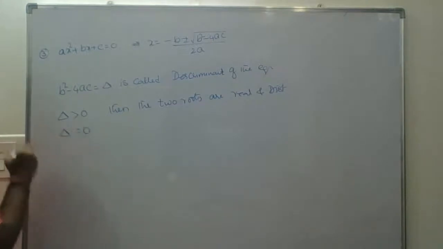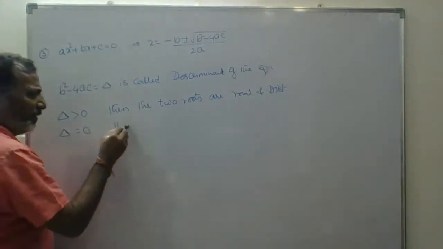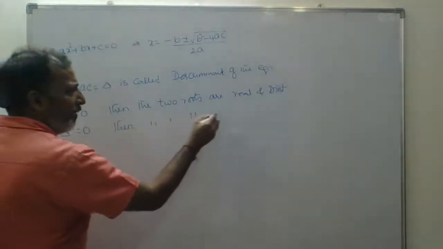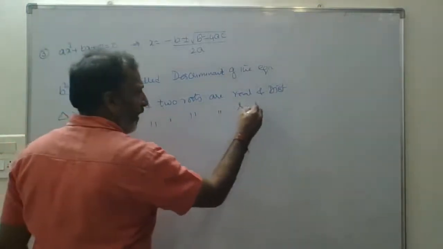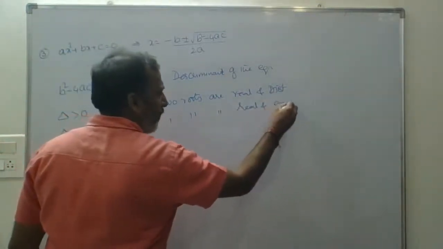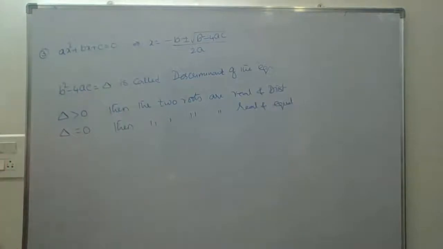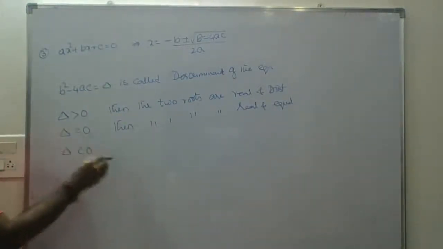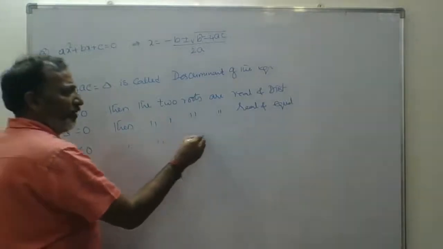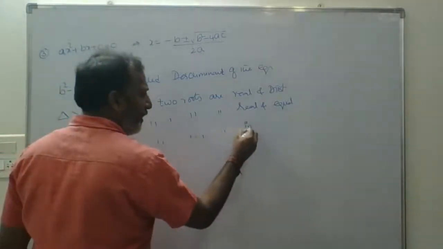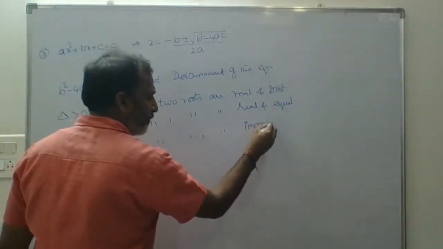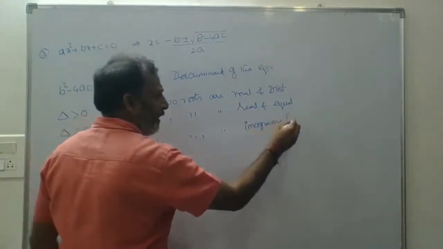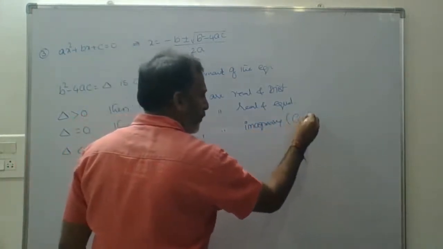If delta is equal to 0, then the two roots are real and they are equal. If delta is less than 0, the roots are imaginary, or we call them complex roots.